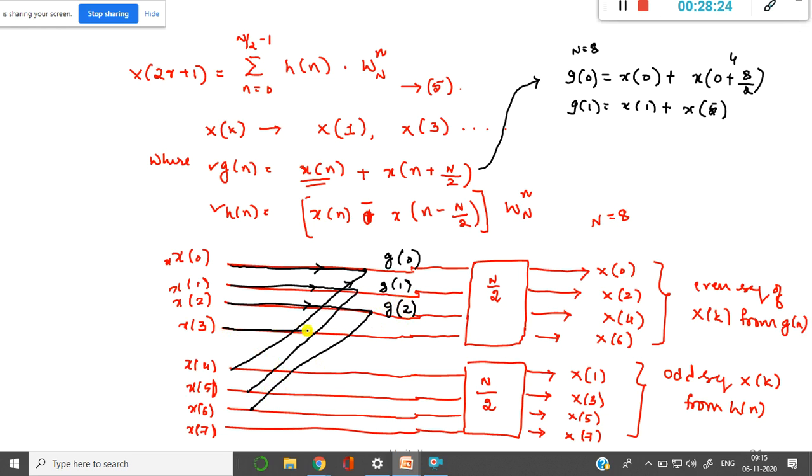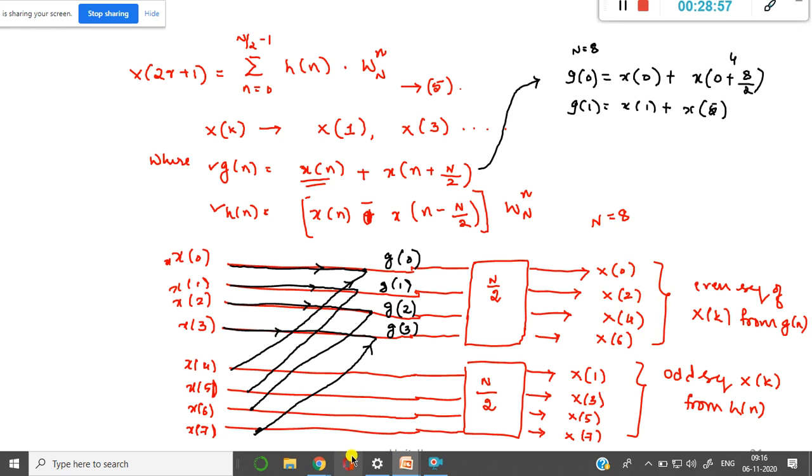And finally, g of 3 is going to be from x of 3 added with x of 7, right? Now you got the sequences g of 0, g of 1, g of 2, g of 3, which in turn is going to get you the sequences of x of k, which are only the even sequences, right?